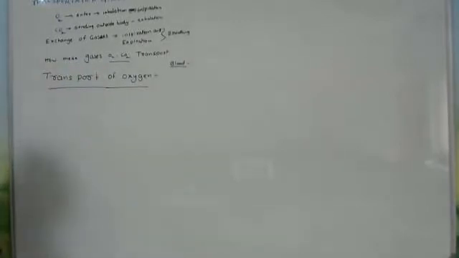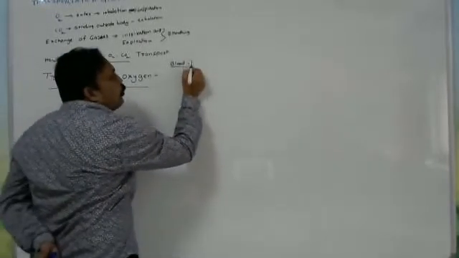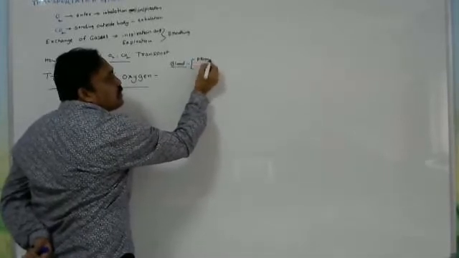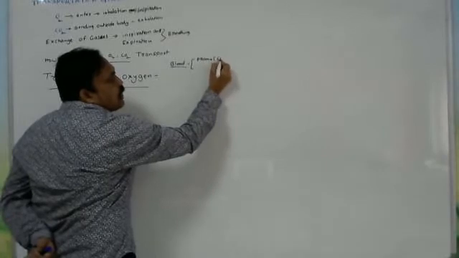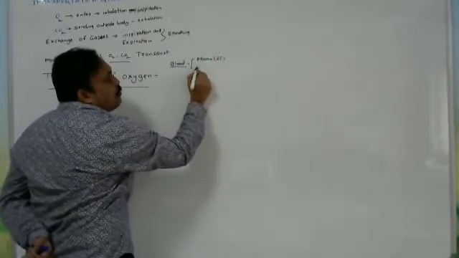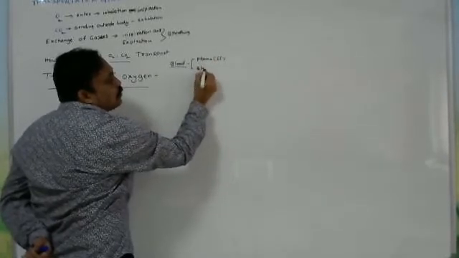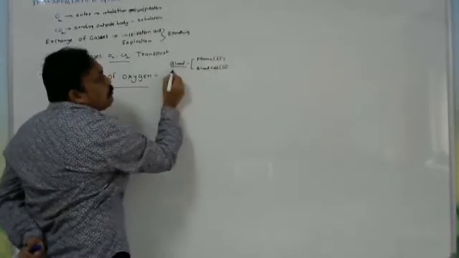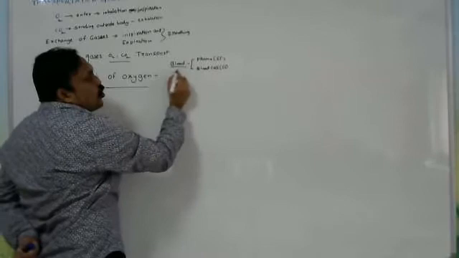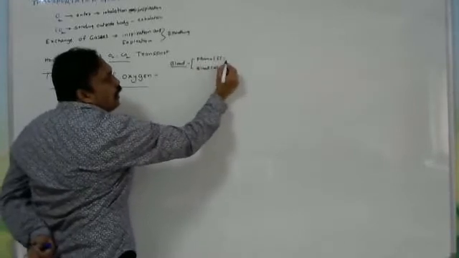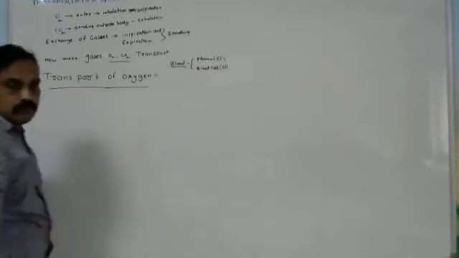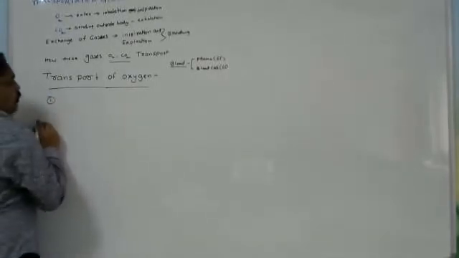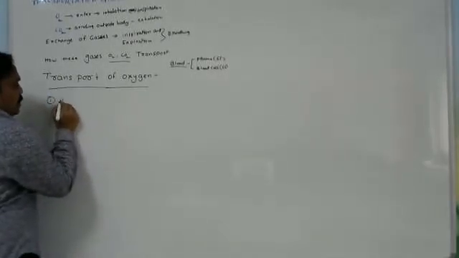Blood has two types of components: one is plasma, the other is blood cells. 55% of blood is plasma and 45% is blood cells. Gases are transported with plasma and blood cells. First, transportation of oxygen with plasma.